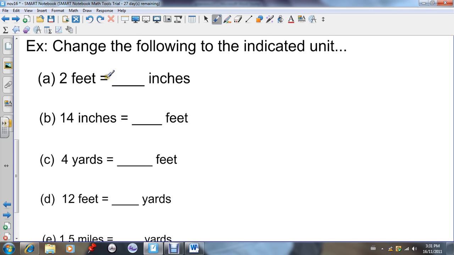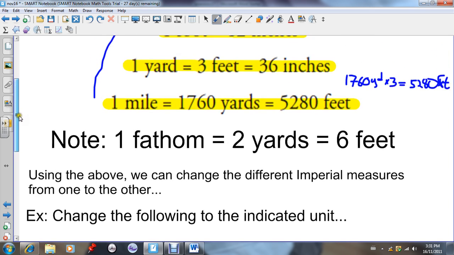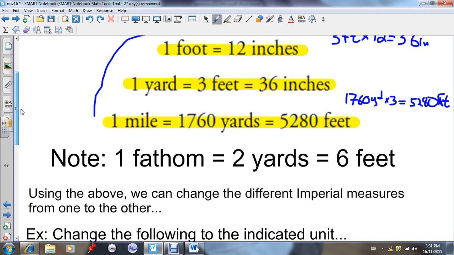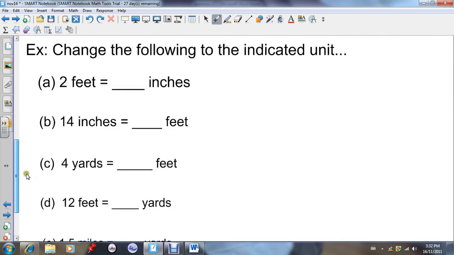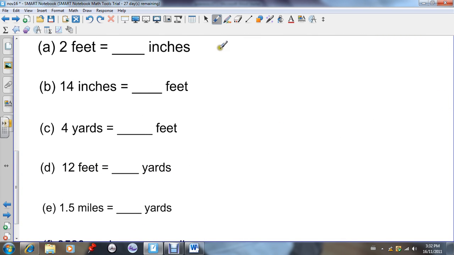We have 2 feet equals how many inches? Well, all you have to do is go up to the top. 1 foot is 12 inches, so 2 feet is going to be 2 times 12 inches, which is 24 inches.